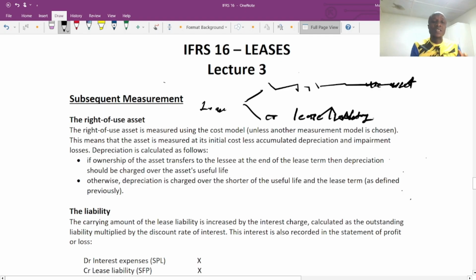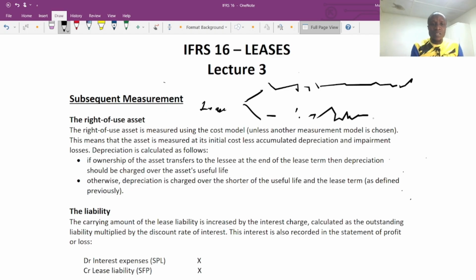We need to value the right of use asset at the end of the year. What will be the right of use asset after we have calculated our depreciation? Also, what will be the closing balance of the liability after we have calculated the interest and deducted the payment that is made by the lessee?